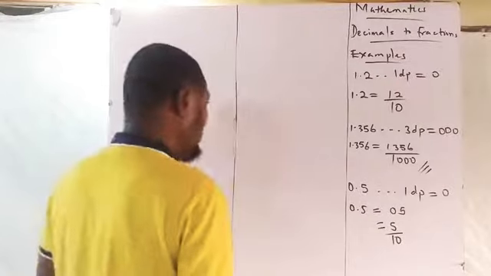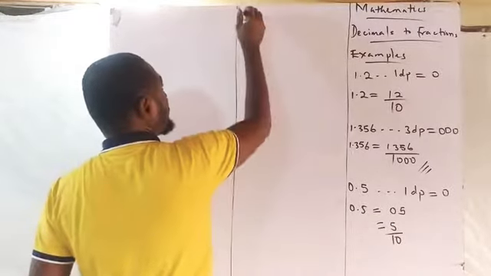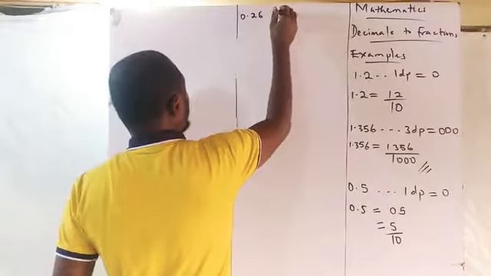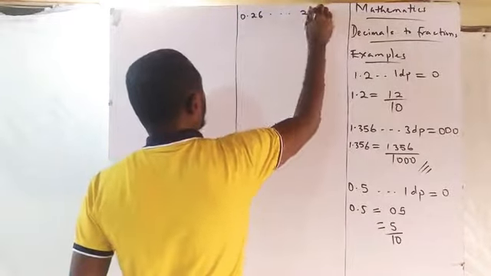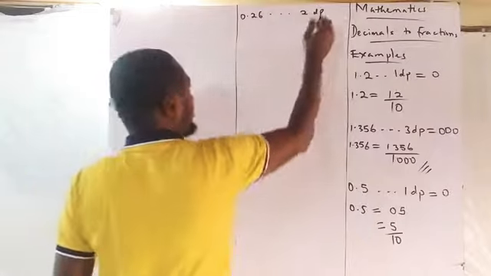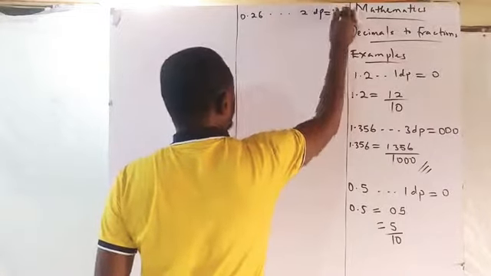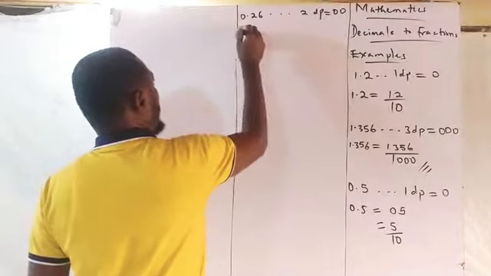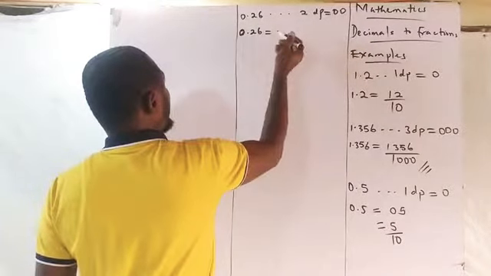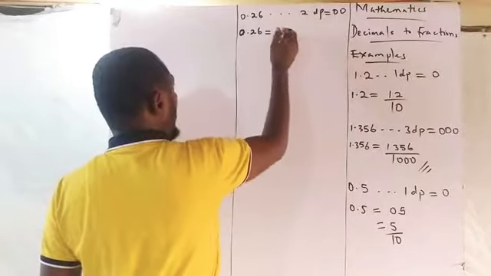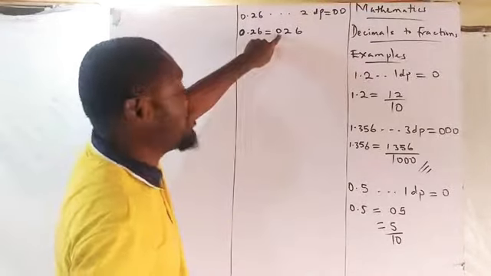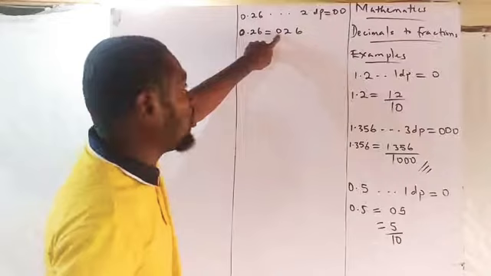Let's deal with more examples. 0.26. This is a 2 decimal place number, which is equal to 2 zeros. Write it without the point: 0.26 becomes 026, and this 0 is not significant. That you should know also.